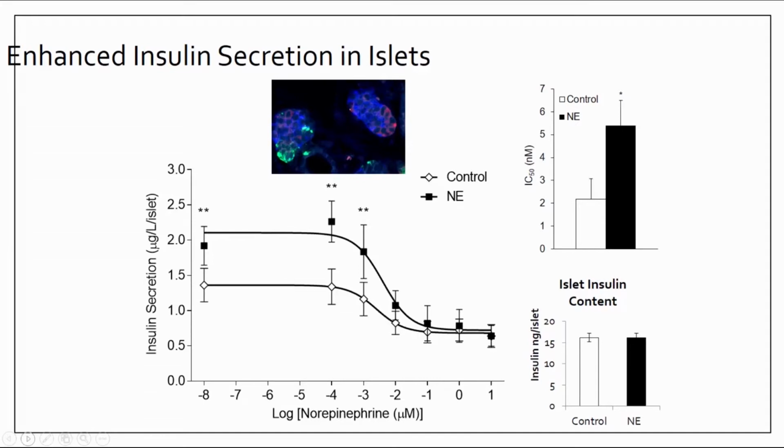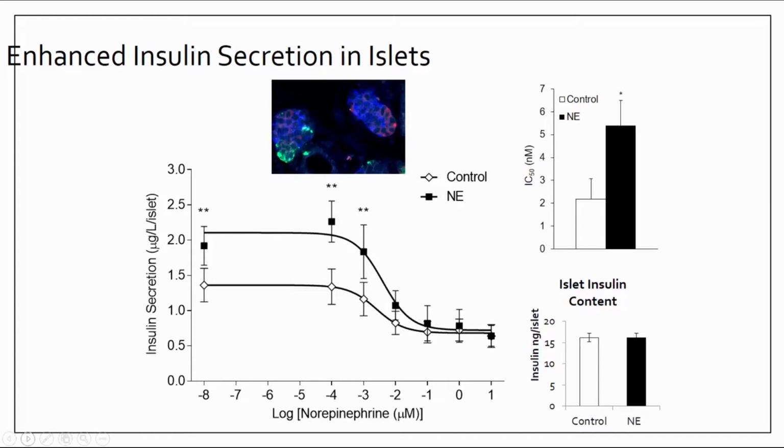And if we look at the inhibitory concentrations, they actually have reduced responsiveness to norepinephrine, but remain responsive at higher concentrations. This is happening not in response to increased insulin, but in response to mechanisms that increase their responsiveness or ability to secrete insulin in response to glucose.